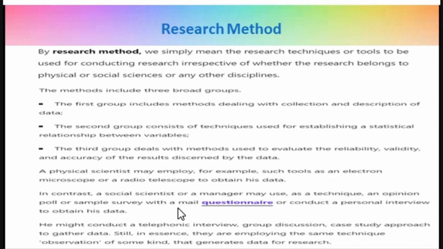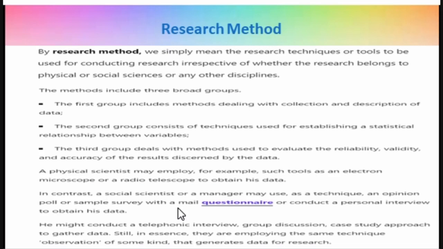These methods can be grouped into three broad categories. The first group consists of methods dealing with collection and description of data. How are you collecting the data? Either by interview, questionnaire, observation or whatever it may be. What method did you use for collecting data and how are you describing it? The second group consists of techniques used for establishing a statistical relationship between variables.